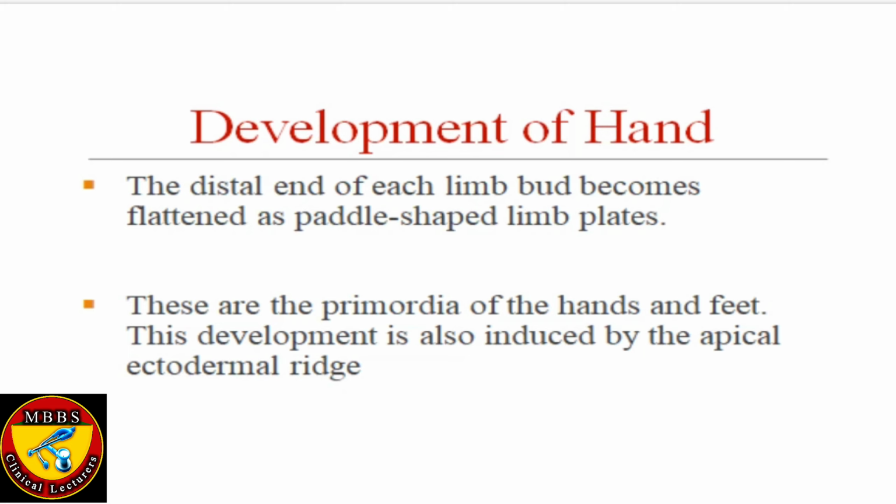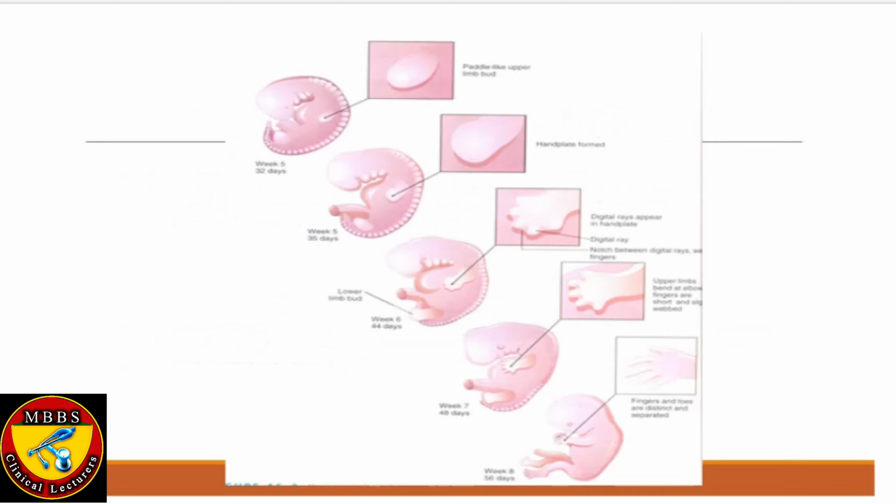Here you can see the figure of the embryo with the upper limb bud and the lower limb buds, and initially it is a plate-like appearance, and slowly and gradually this bud develops certain mesenchymal ridges, and these mesenchymal ridges are covered by apical ectodermal ridge.